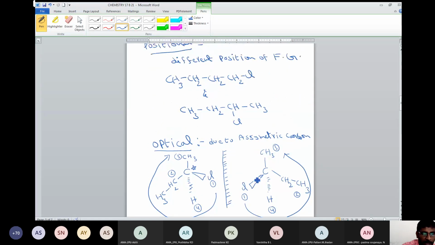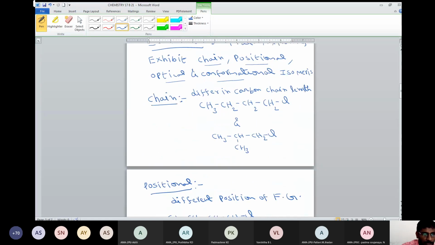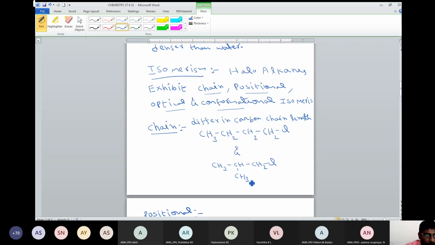This is about isomerism. What isomerism is exhibited by haloalkanes? Haloalkanes will exhibit chain isomerism, positional isomerism, optical isomerism, and conformational isomerism. Chain isomerism is due to different carbon chain length.